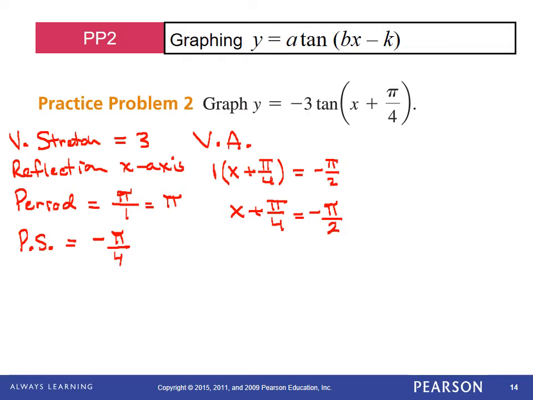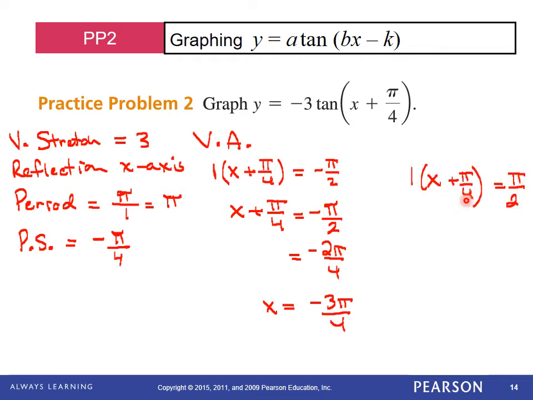Hopefully you guys can do the math behind it. I just brought this down, forgetting about the 1 here. Then I made common denominators, so I made everything with a denominator of 4. And then if I subtract pi over 4 from negative 2 pi over 4, that's going to give me negative 3 pi over 4. So there's where my vertical asymptote is going to be.